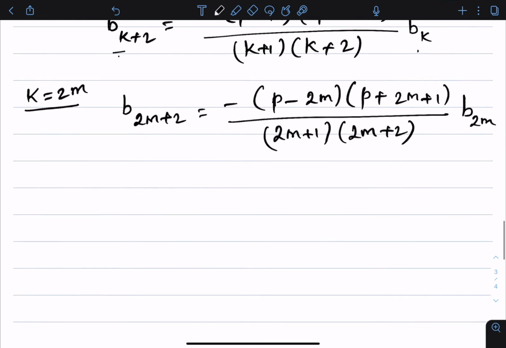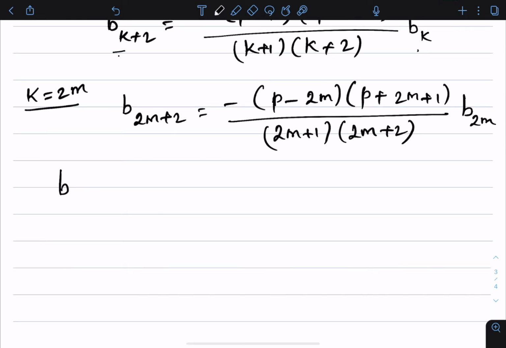Okay, and the same thing you do for b, now for k = 2m minus 1.